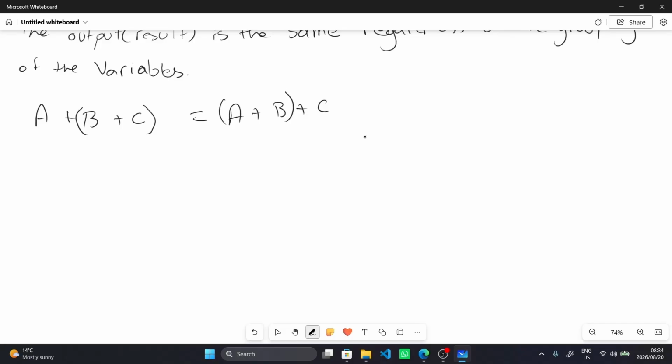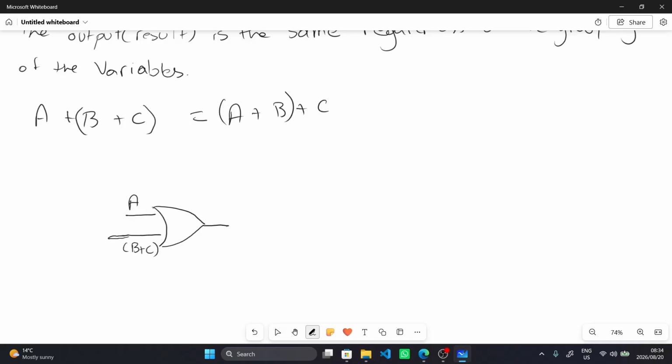Let's draw its logic diagram as well. One method you can use to draw a logic diagram is to work your way backward. For example, we have A plus this whole bracket. That plus we know is going to be our OR gate, so we draw that OR gate. We will have our A here and B plus C here.